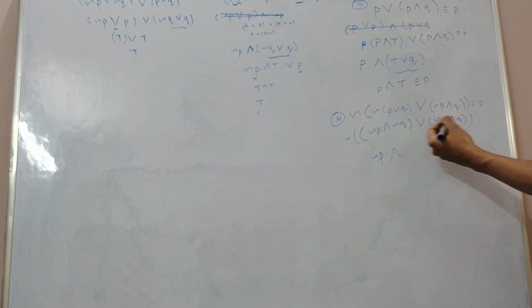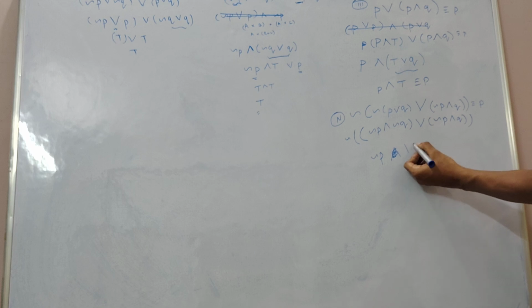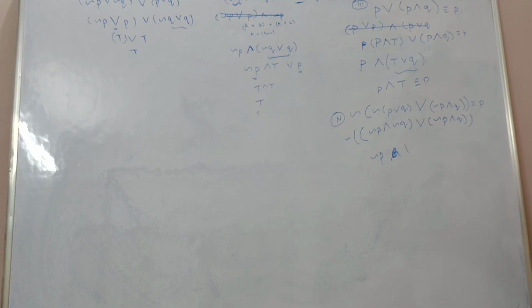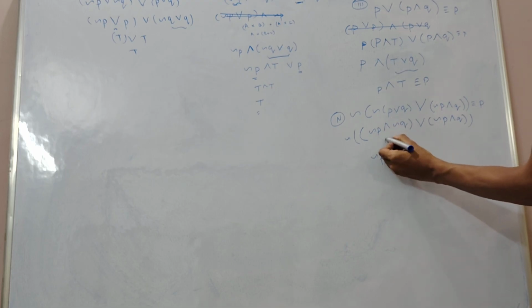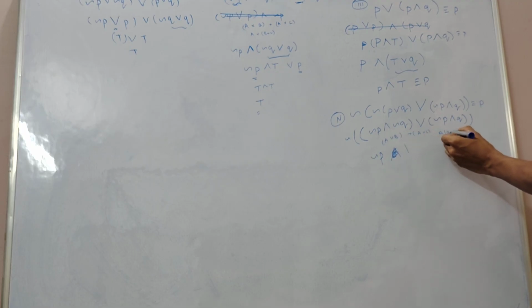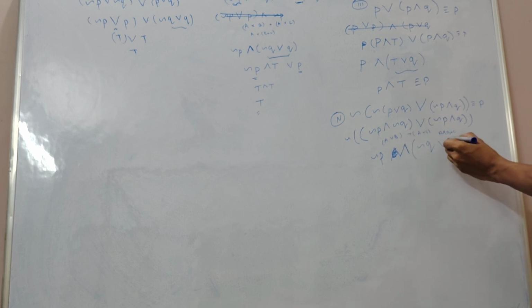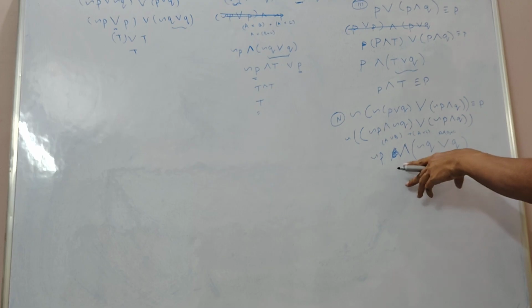Negation of P, negation of P and this is A into P plus A into C. So I can write this as AB plus C. Yes, I can write this as negation of P and Q or Q. Yes or no?